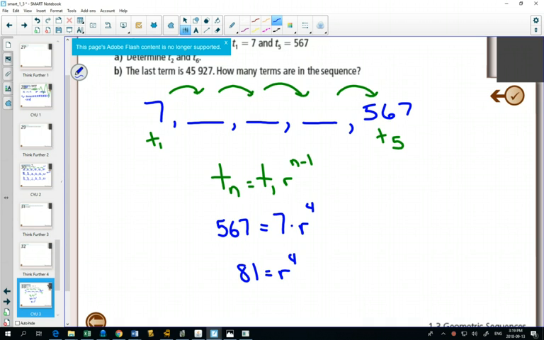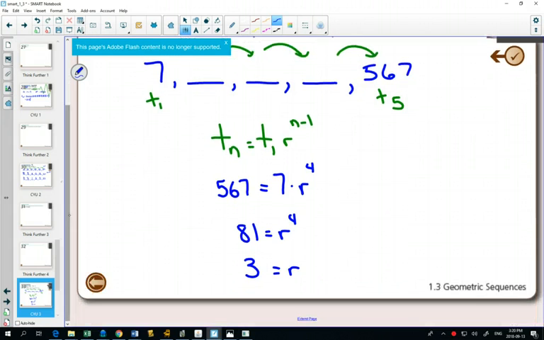So you can take the fourth root on both sides. Does anyone know what number to the power of 4 is equal to 81? 3. Anybody know another number that to the exponent of 4 is equal to 81? Negative 3. So the answer here could be positive or negative 3.